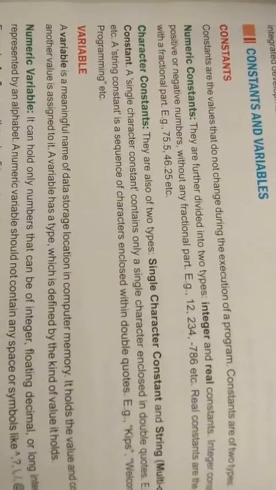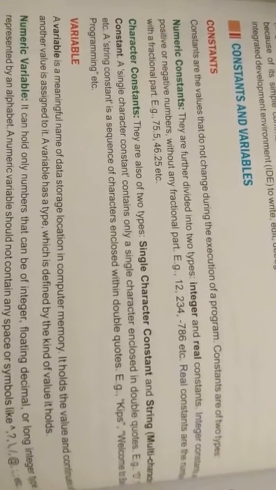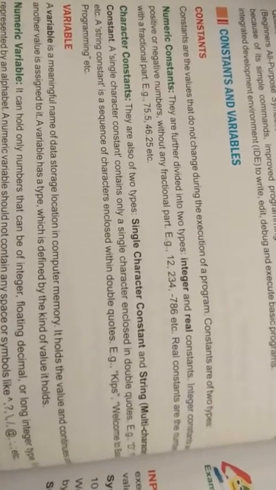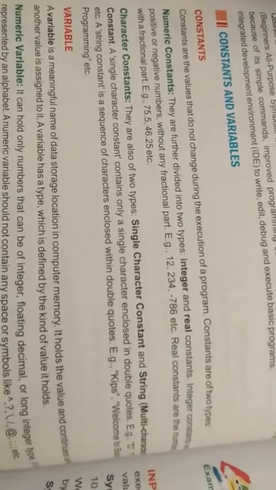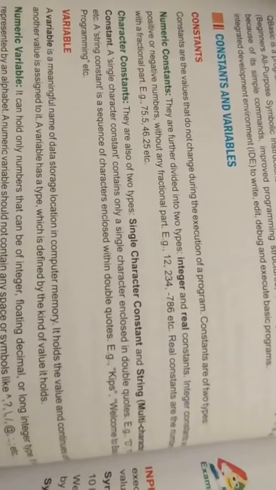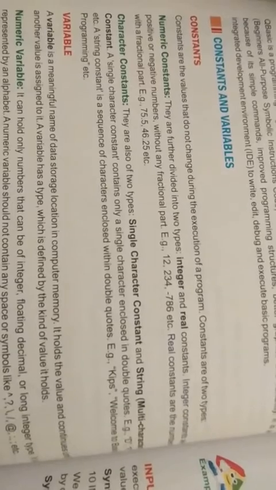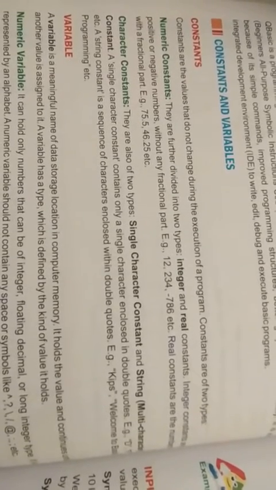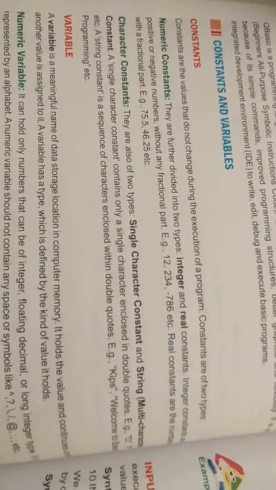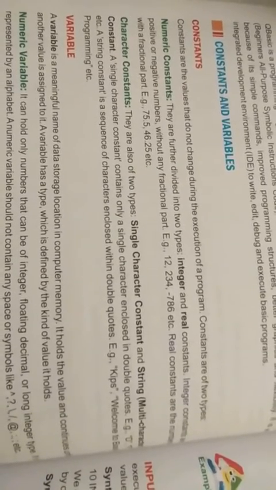And a string constant is a sequence of characters enclosed within double quotes. For example, KIPS. This is a word consisting of multiple characters like K, I, P, S. You can enclose all these characters within double quotes. That is called a string. So single character constants contain only one character enclosed in double quotes, and string constants contain multiple characters within double quotes.